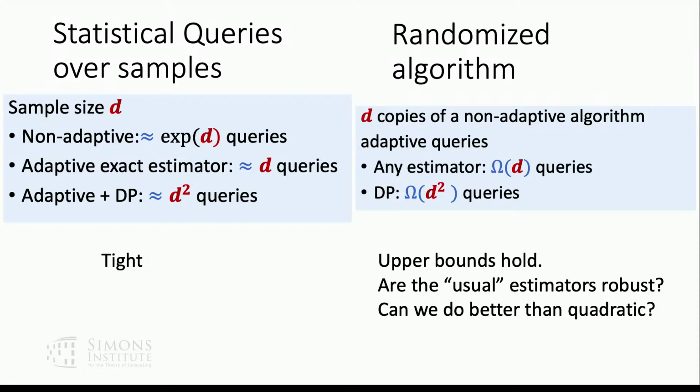And we can look at any particular sketching structure or algorithm, and then maybe the estimator that it comes with is already robust. Maybe it's much better than this, and maybe this D square we can also get. Even if that doesn't work, maybe we can get better than this D square.